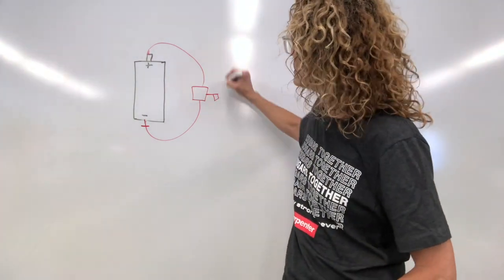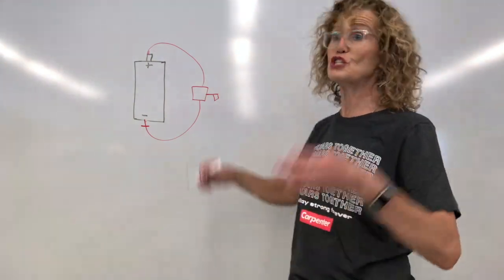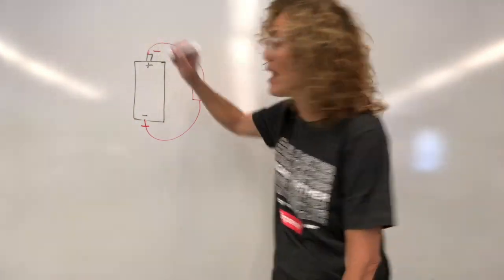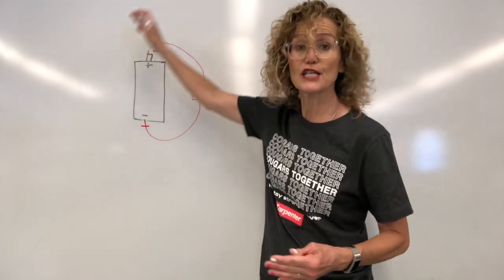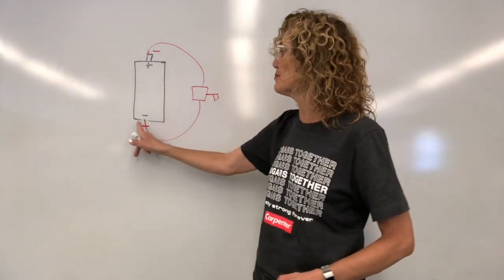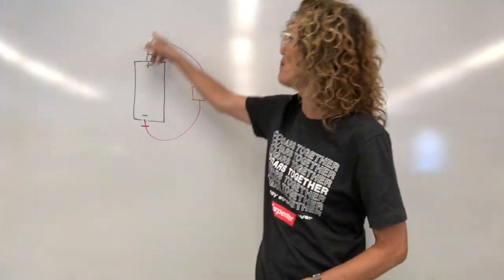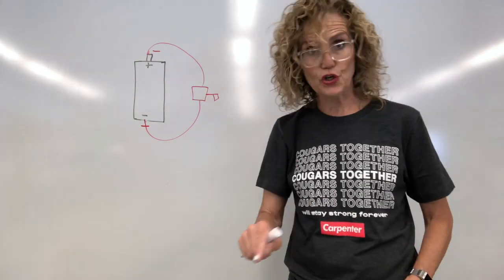They make the motor spin, and as a result, they don't have as much energy just to race around. Then they are attracted back to the positive end of the battery, and that completes the circuit. So this is the beginning of the circuit. It goes through the battery, the motor, and goes back to the battery. That is one complete circuit.